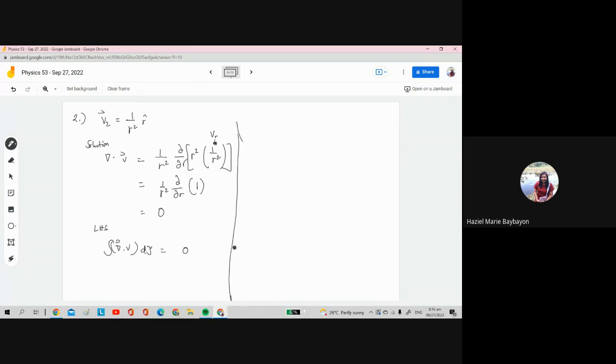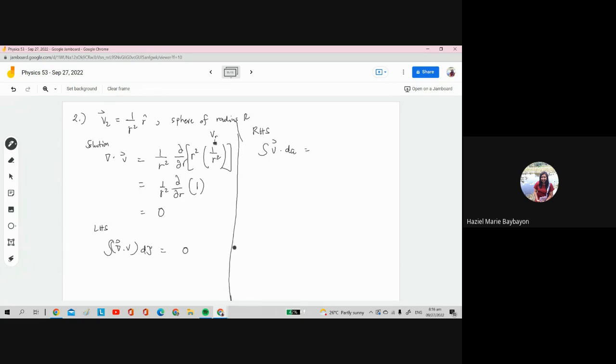The right-hand side of the divergence theorem states that v dot dA. Now, this is for a sphere of radius r.